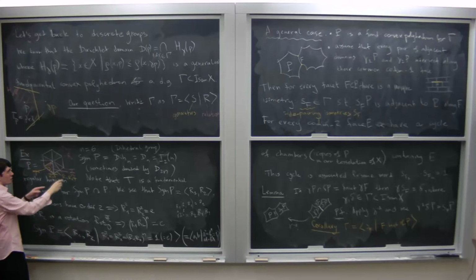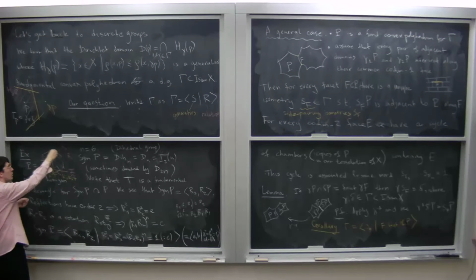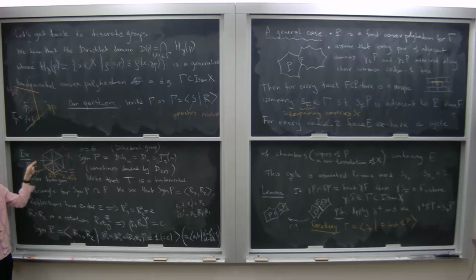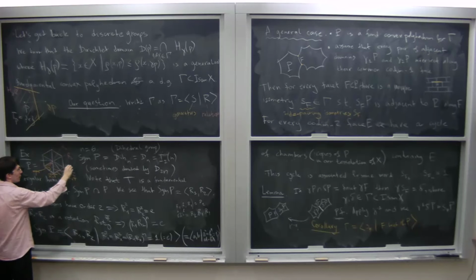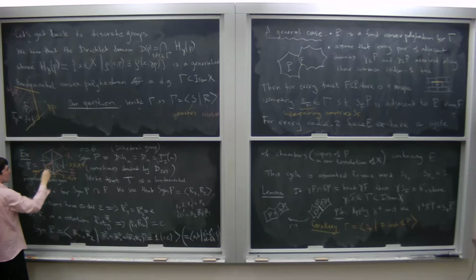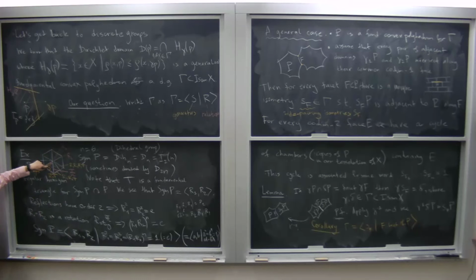So I'm adding a new generator from the right side. Going counterclockwise, this is going to be R1, R2, R1, T, and so on, until I get back to my initial triangle T, which gives me (R1 R2) n times being equal to the identity, right?